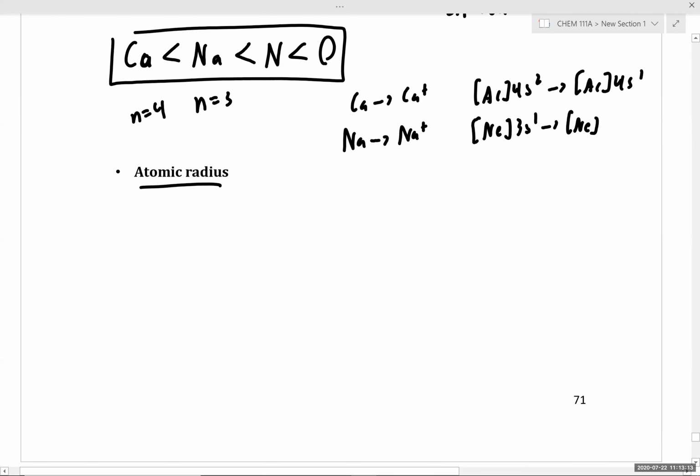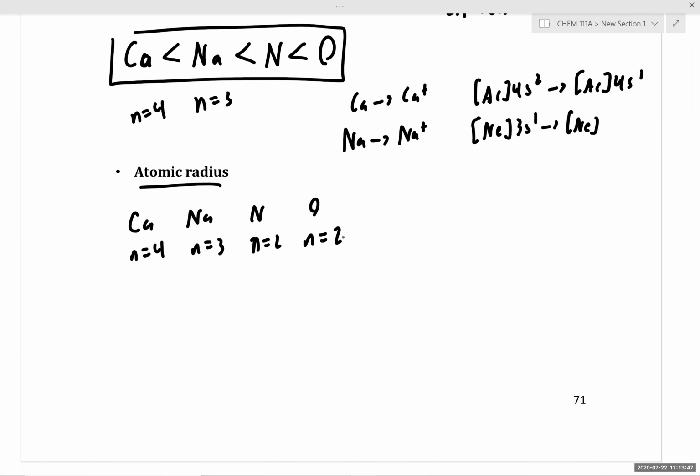Okay, so let's take a moment and rank each of our atoms in order of increasing atomic radius. We'll spend about 2 to 3 minutes on this last example, keeping in mind that we noted that calcium is n equals 4, sodium is n equals 3, nitrogen is n equals 2, and oxygen is n equals 2. We'll discuss this example in about 2 minutes.